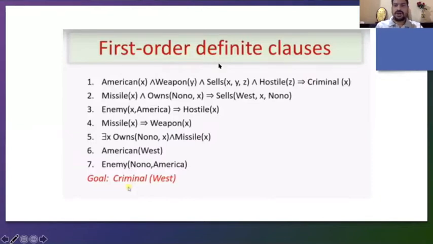In first order logic, we define some clauses, and these are some sentences. We have 7 sentences that will come up. All these sentences we have seen in the morning class also. American(X) means X is an American. Y is a weapon.